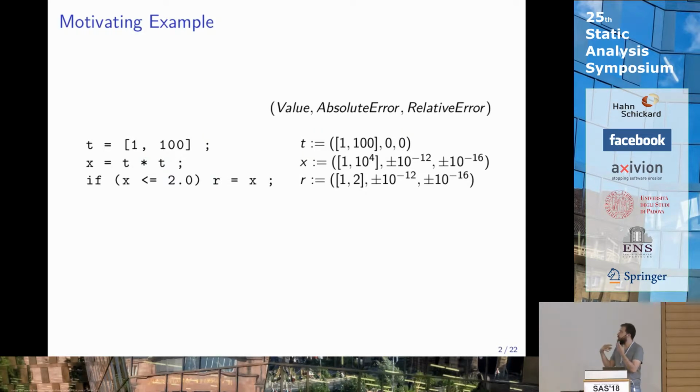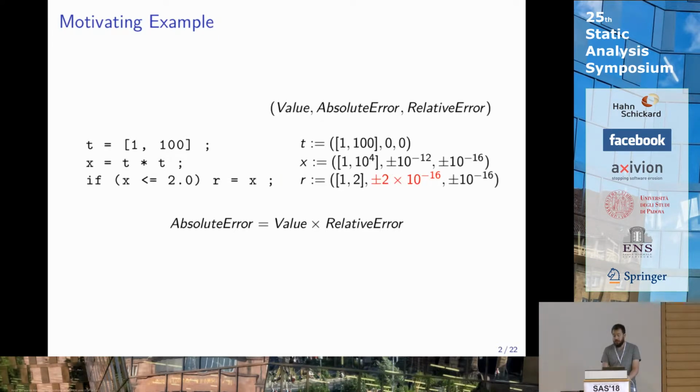So we shouldn't have those absolute errors. But if we use the relative error here and the relation between the two, we are able to compute a new absolute error bound, which is far better than the previous one.